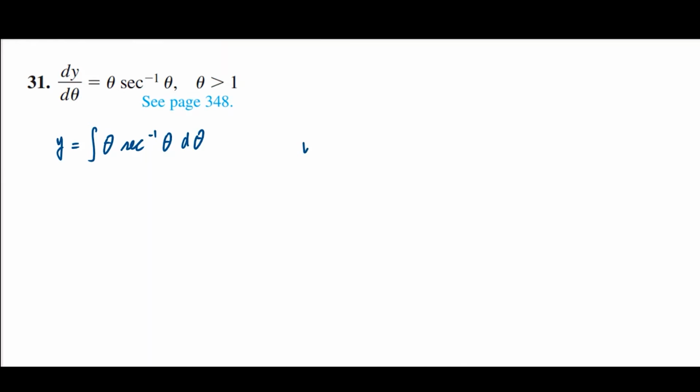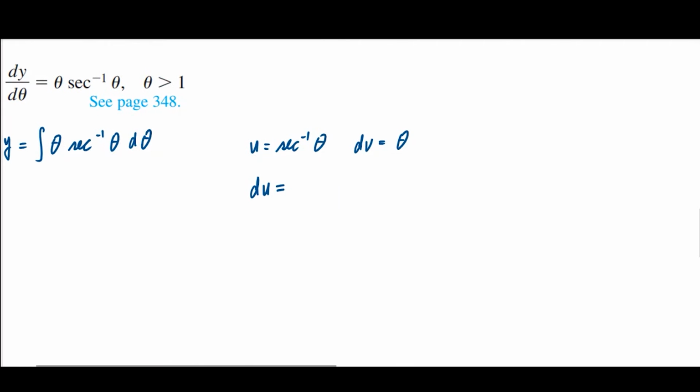So we'll say u is equal to inverse secant theta, and hopefully you remember how to differentiate this thing from chapter 3. I'm going to show you. dv is equal to d theta, and then du is equal to, let's do it on the side here, okay? Whenever I switch to green ink, it's like a recollection from the past.